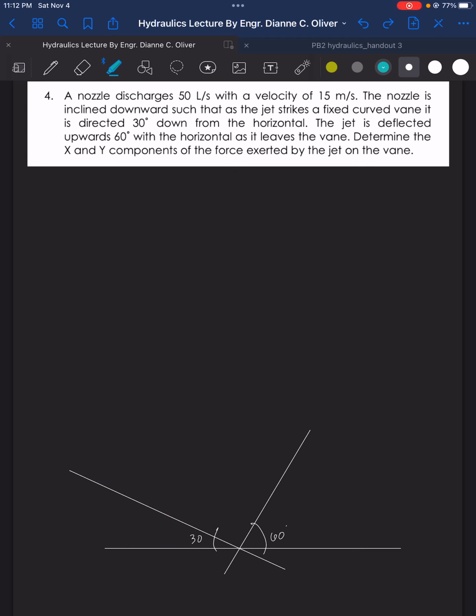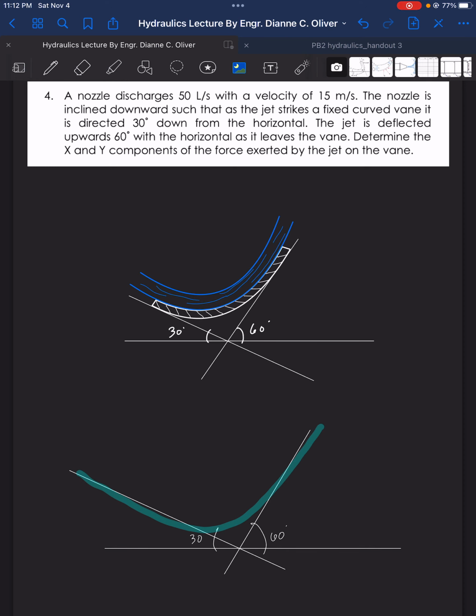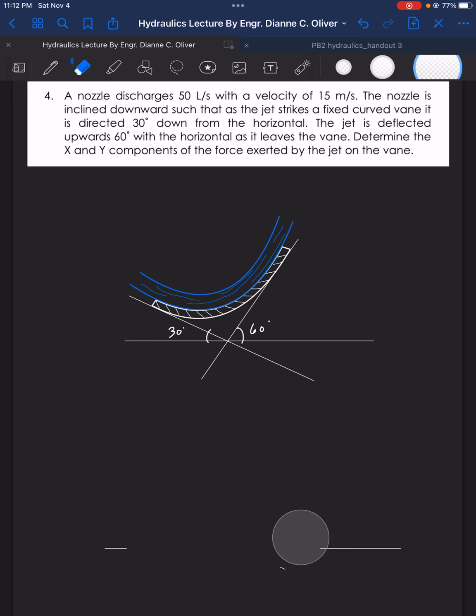So possibly it's talking about the deflection of the water like that. Okay, so let's have a better drawing on that. So there you go. There goes our water, leaving 60 degrees but entering 30 degrees.